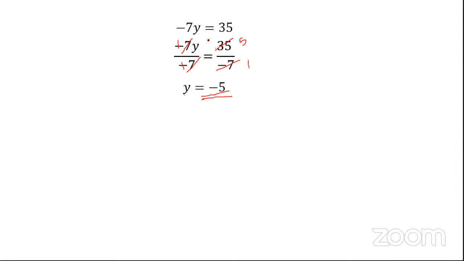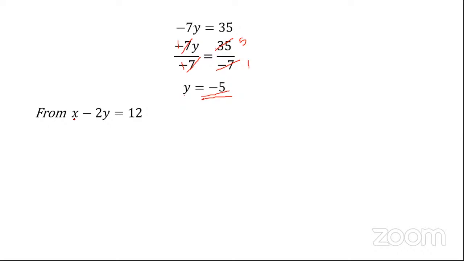So after getting the negative 5, we go and pick one of the equations and substitute the value of y to obtain the value of x.